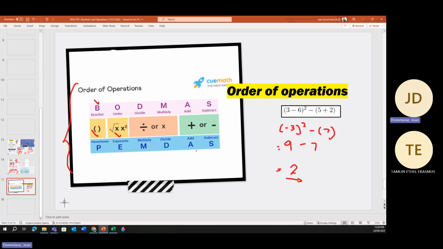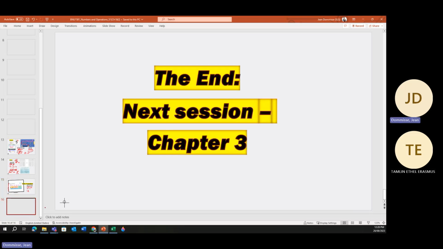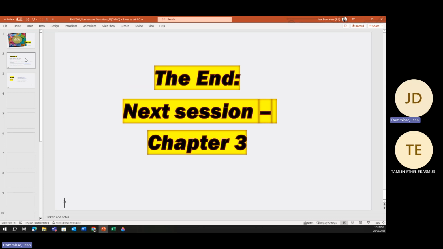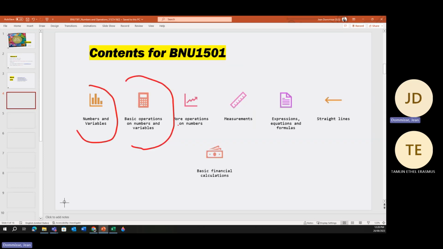So keep it close by if you need to do work for your assignment and your exam. And that was a quick run through of the first two chapters, for numbers and variables and basic operations on numbers and variables.